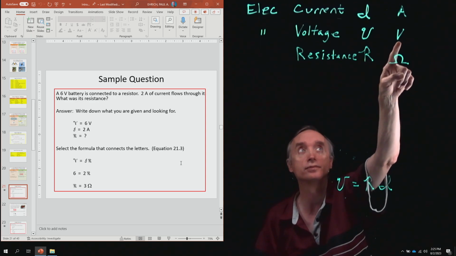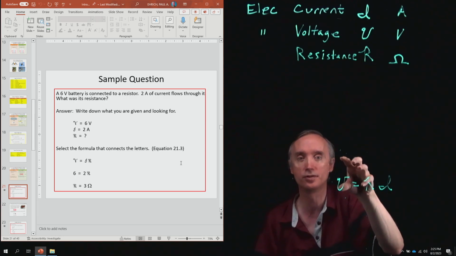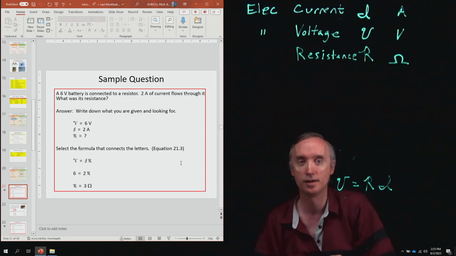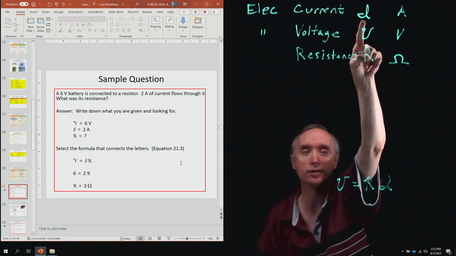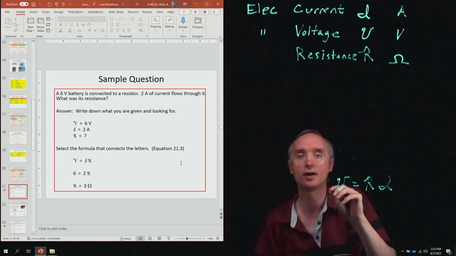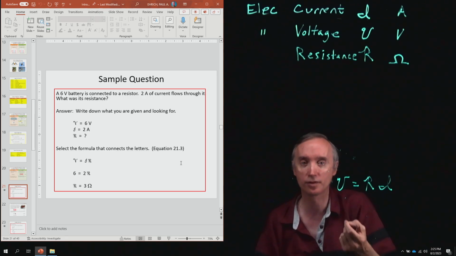So volts goes with voltage. So we know that the voltage was the 6 volts. Then it says 2 amps of current. So amps goes with current. So therefore I is equal to 2 amps. And we want to know what's its resistance. So we're looking for the letter R.